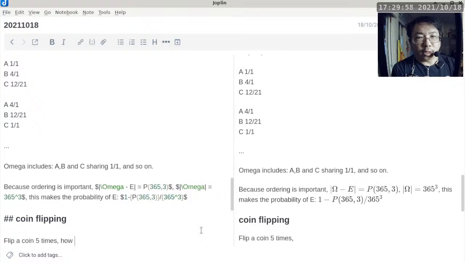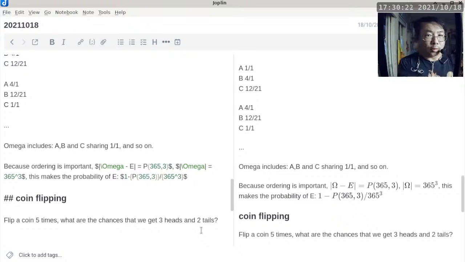So we'll just ask, what are the chances that we get 3 heads and 2 tails? And ordering is not important. So how would we answer this particular question?